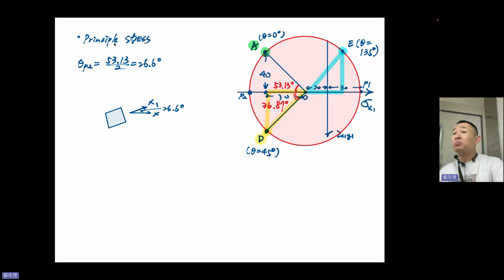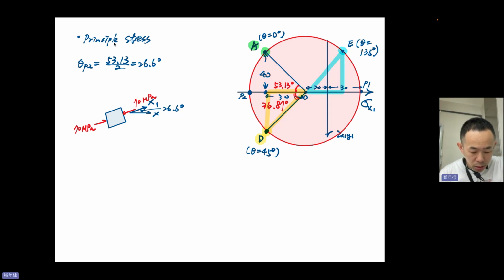Easy, right? 20 plus 50, 70. 70 in the negative part. So here is 70 MPa. All right, easy.